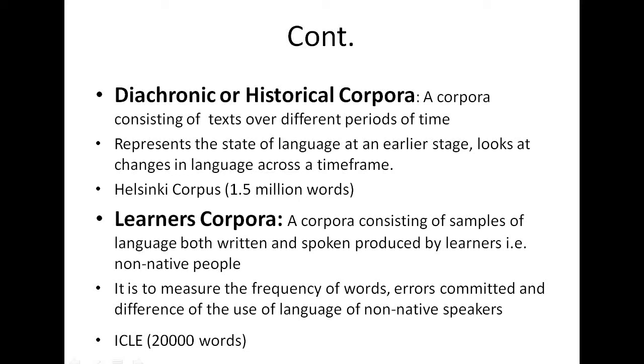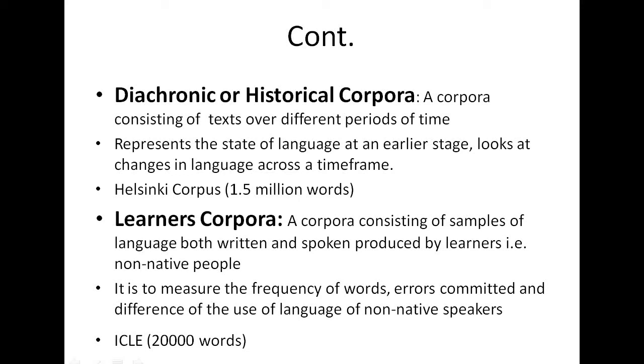Then we can collect the texts of the fiction writers of English of the modern era. So these are different periods of time, and if we collect these texts into a single corpora, that would make a diachronic or historical type of corpora.